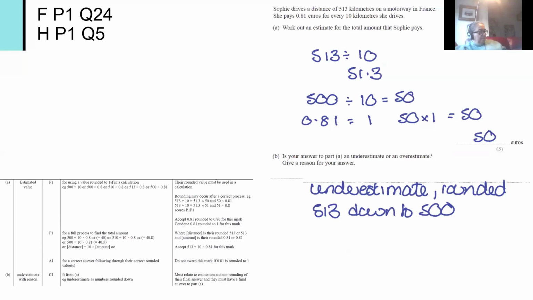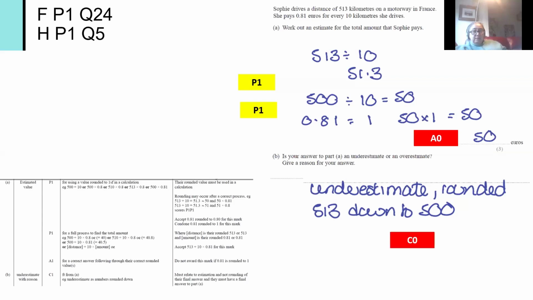And again, the second answer, a second example of that, they've rounded, so they're able to get 2, but because they've used 0.81 rather than 0.8, the final answer is not awarded.